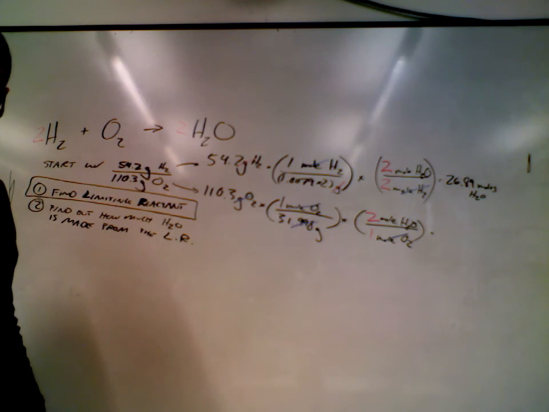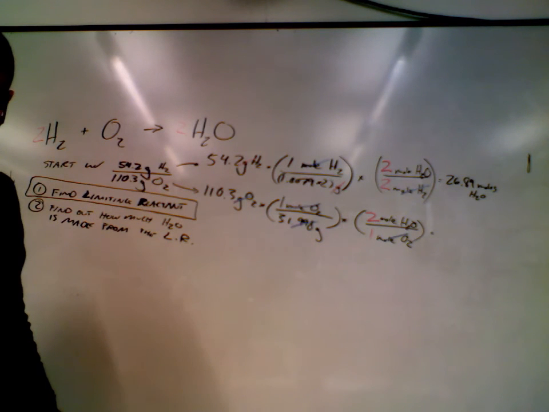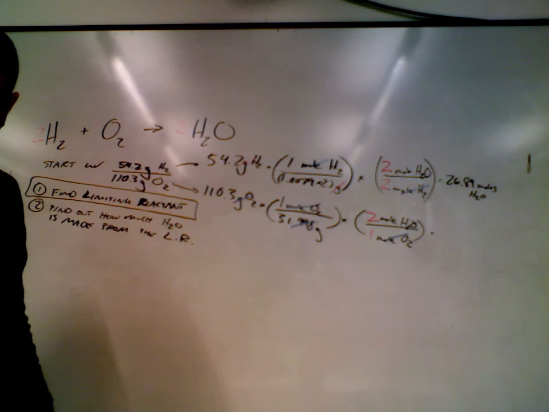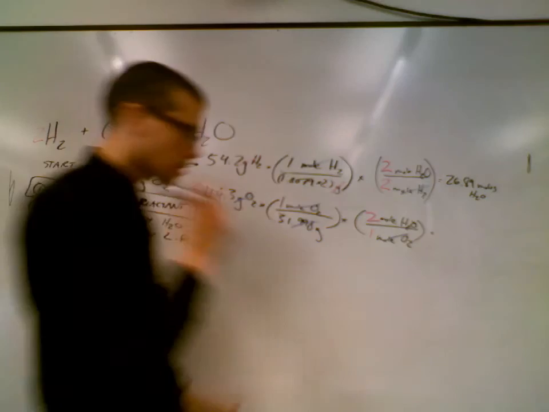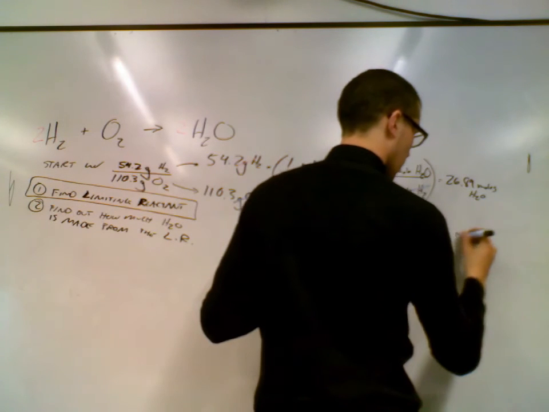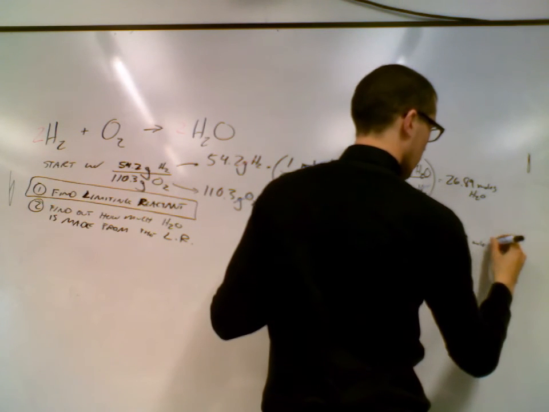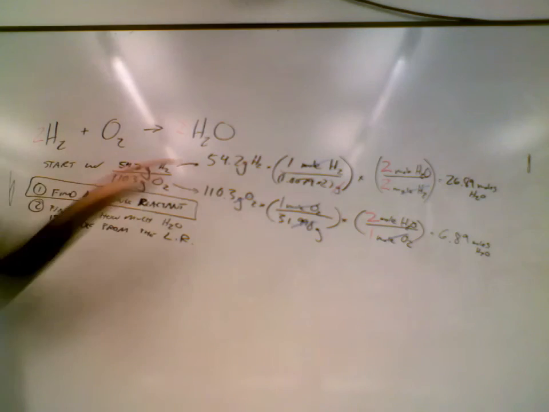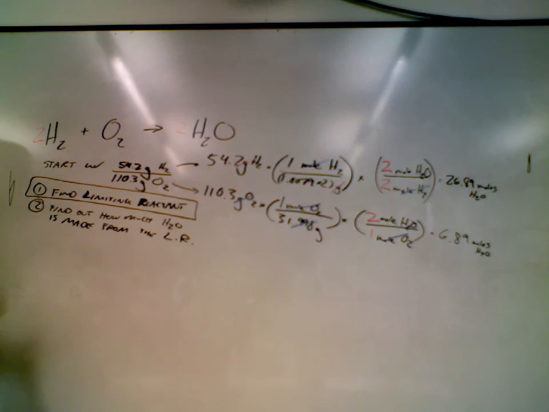Did you guys get 6.89? Good. 6.89 moles of H2O. So which one made more moles? This one made more moles. So which one's our limiting reactant? Even though it has lots of grams right here. O2. Right. So this is our limiting reactant.